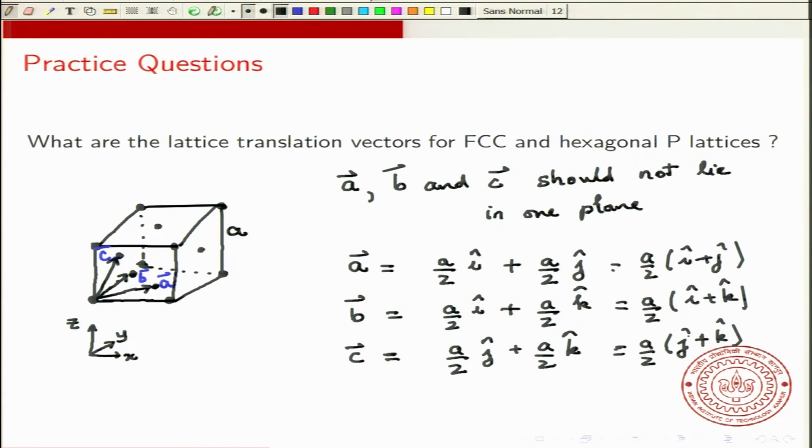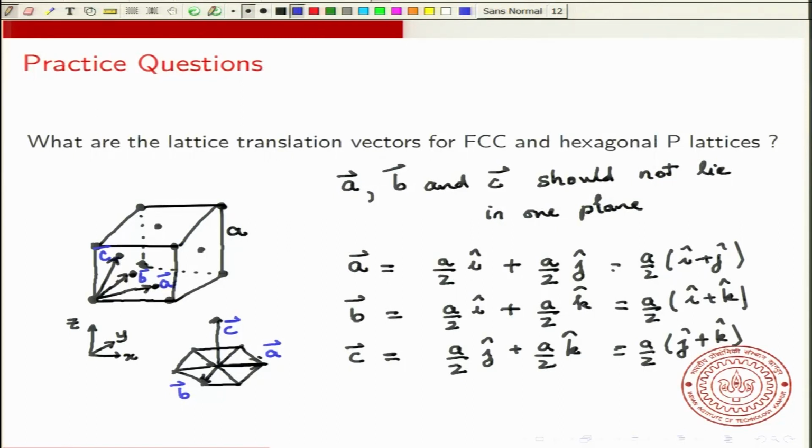Now for the hexagonal P lattice, we already saw that the cell can be described in terms of these two vectors, A and B, and C is in the third direction, going to the other edge of the hexagonal cell.